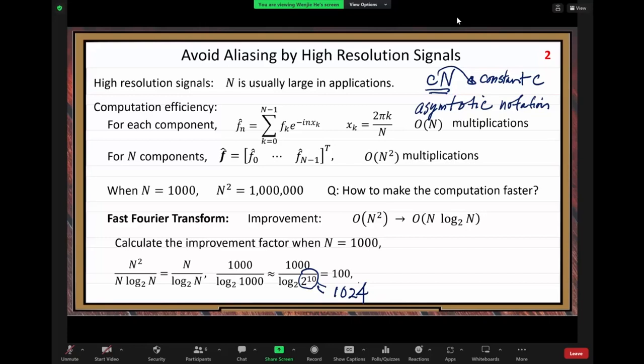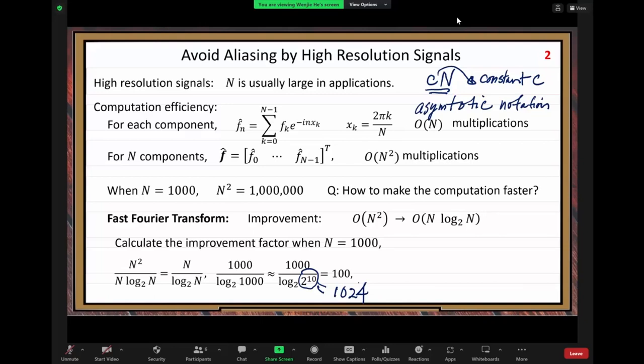Is that improvement good? That means if you use the brute force method, you take this amount of time, but if you use the fast Fourier transform, you only need 1% of the original time.